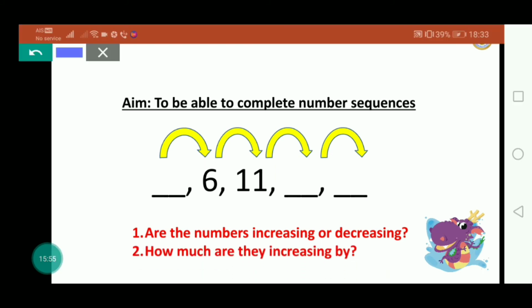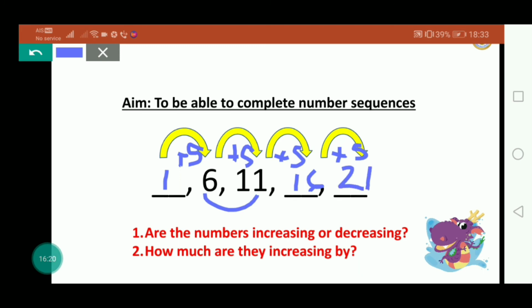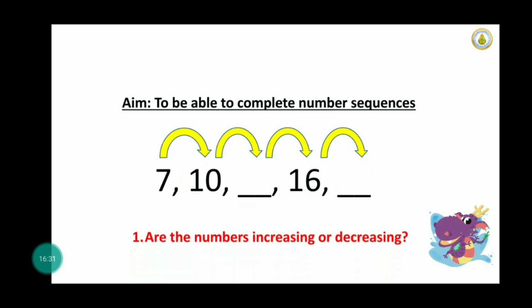They increased from 6 to 11. They increased plus 5. So this will be 11 plus 5, and 11 plus 5 is equal to 16. Well done. And 16 plus 5 is equal to 21. Very good.